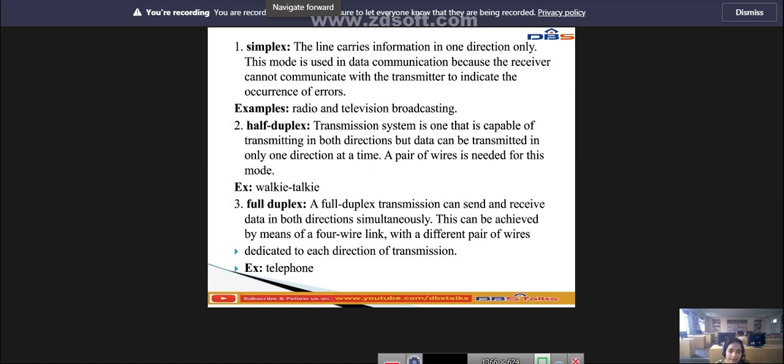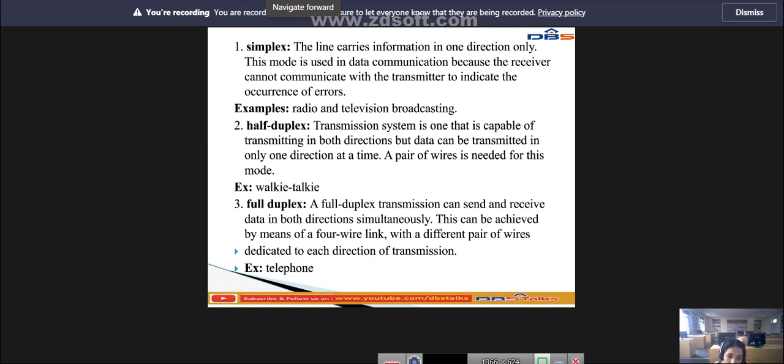Next, coming to full duplex. The third one is full duplex. Full duplex transmission can send and receive data in both directions simultaneously. This can be achieved by means of a four-wire link, with a different pair of wires dedicated to each direction of transmission.